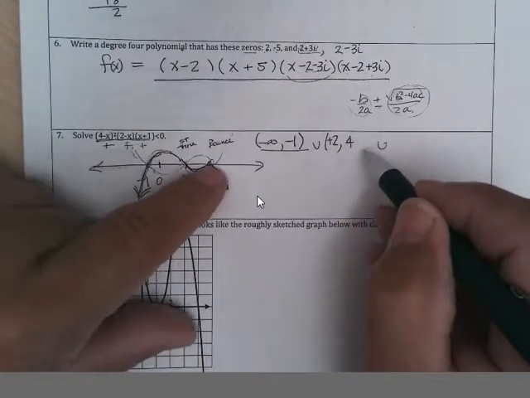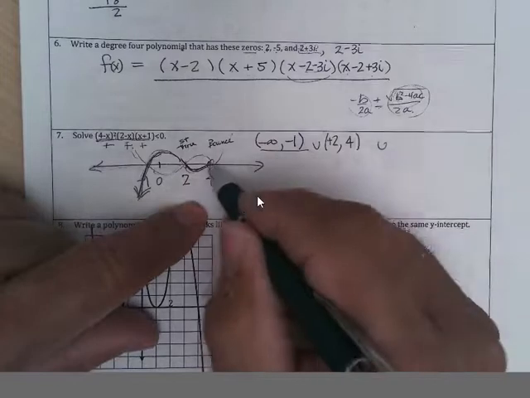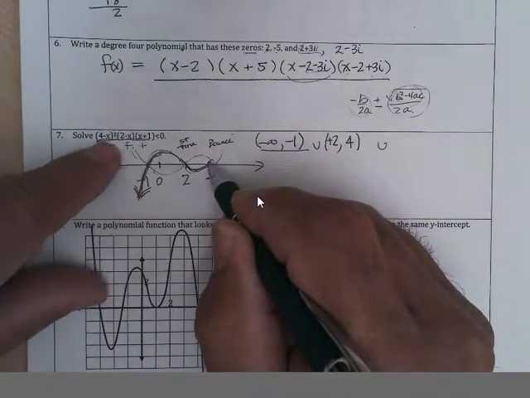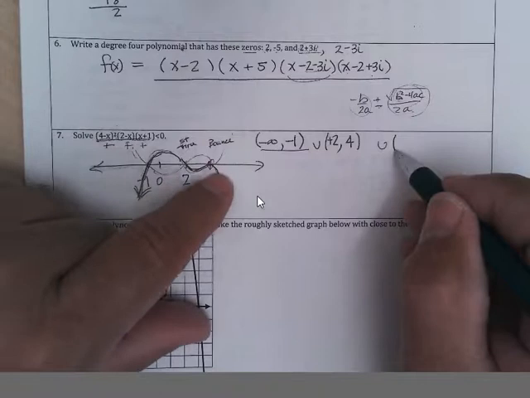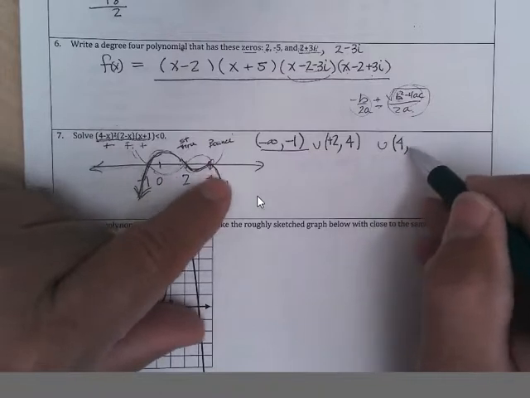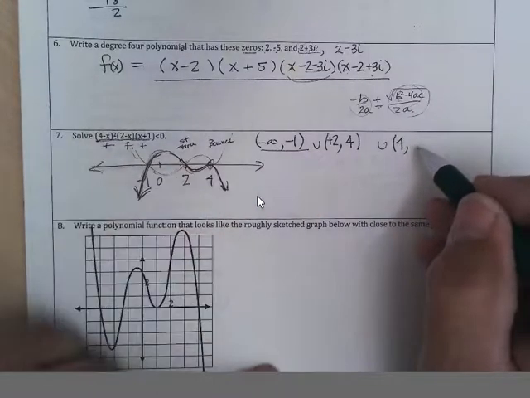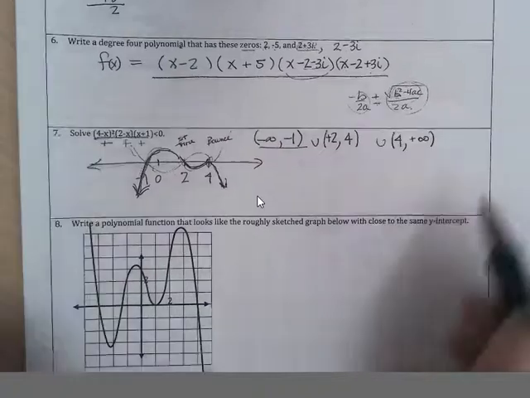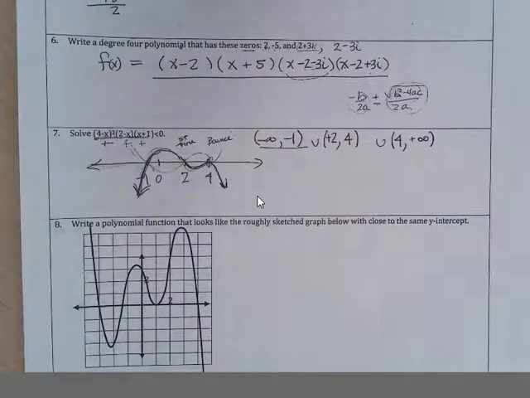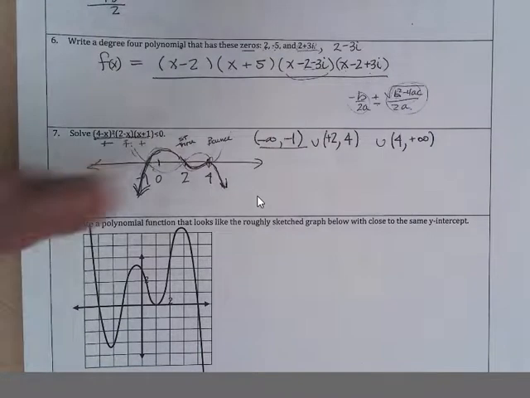This graph is below 0, not including 4, because at 4 it was 0. And after 4, the rest of the way, it's all negative to positive infinity. So those are the three places where this graph is below 0. Negative.